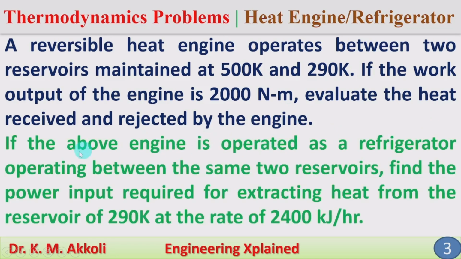The second part of the problem is that if the above engine is operated as a refrigerator operating between the same two reservoirs, find the power input required for extracting heat from the reservoir of 290 Kelvin at the rate of 2400 kilojoule per hour.